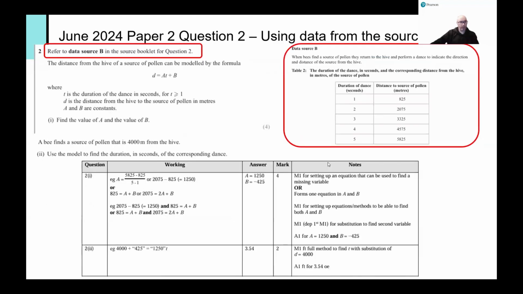Another question from 2024, which is paper 2, question 2. So again, they've got to refer to data source B in the source booklet, and I've got a little image of that there. They just have to make sure they can read the values from the data source to answer the question.